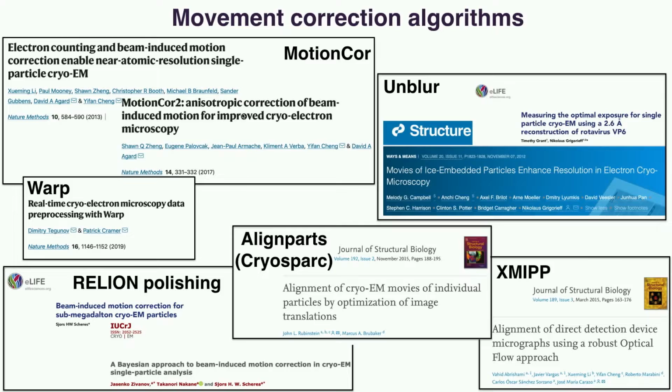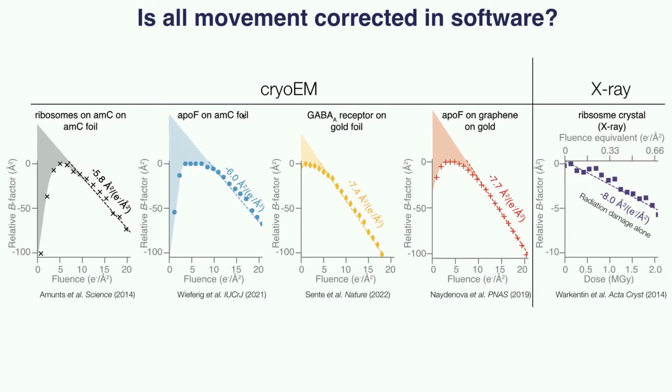I guess part of the reason is that none of these can track the motion of the particles during the exposure perfectly, because the images that we acquire are inherently very noisy due to the limitations imposed by radiation damage. So it is hard to track how the specimen is moving as we're trying to image it.